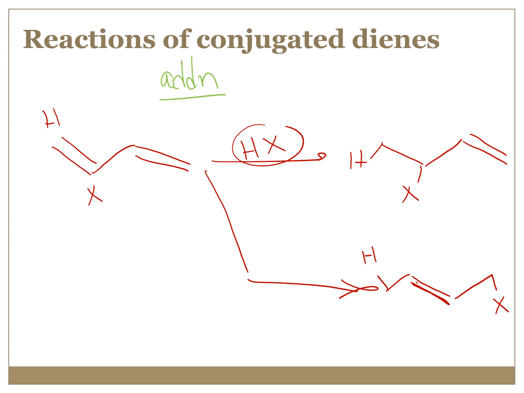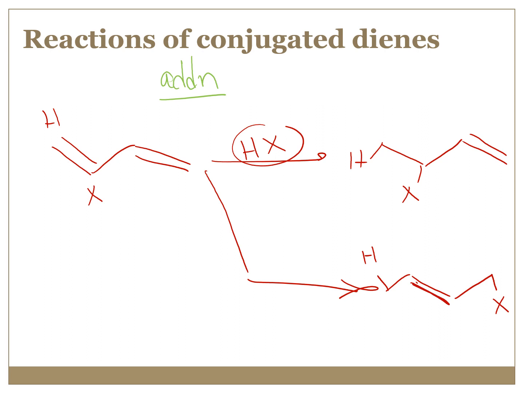How is that done? If you try to figure out what happened, you added the hydrogen to this carbon, you moved this double bond to this carbon, and then you opened this double bond and you placed the halogen here.